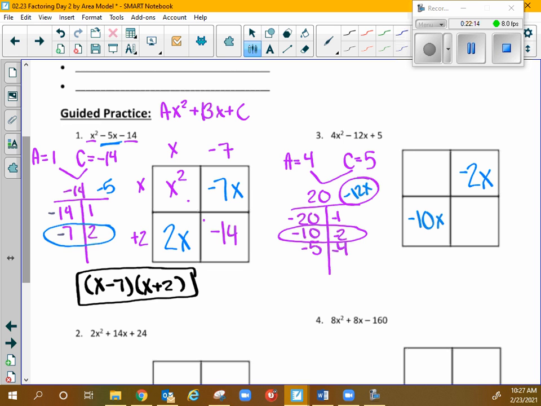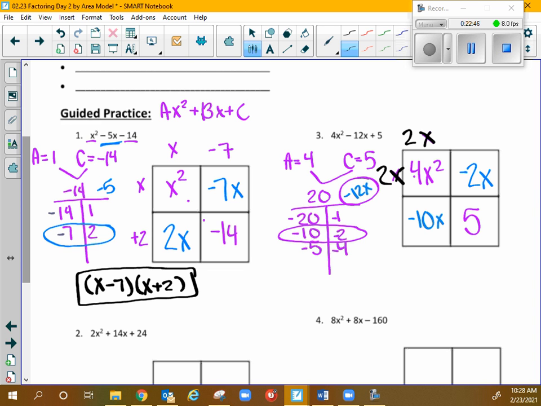Let's fill in the other diagonals. We've got 4x squared. And what else? And 5. When you are factoring and you're dealing with a lot of negatives, the goal is to try to make the values for x squared positive. So can I pull positive values? I know that there's an x on each one, right? What else do I know? 2x and 2x. That would work.